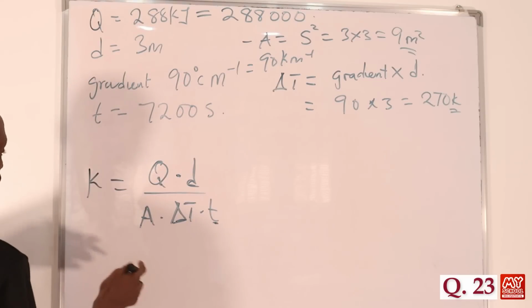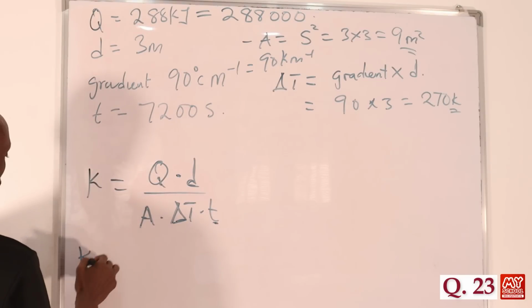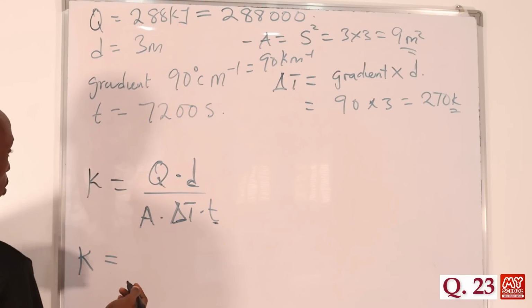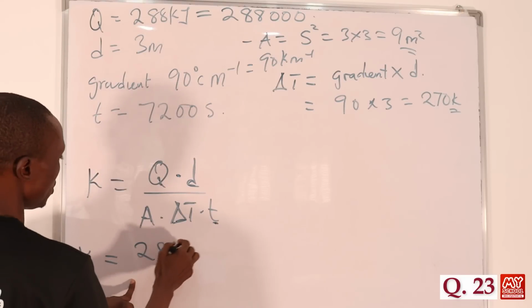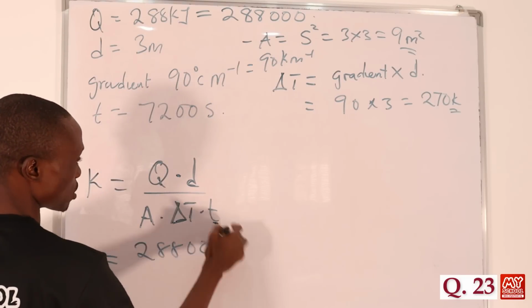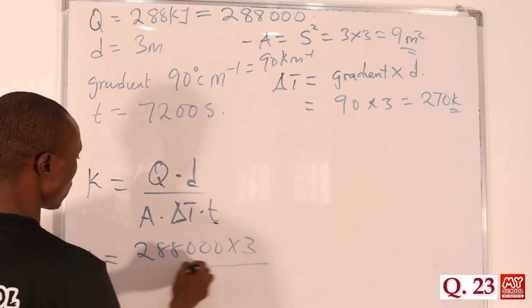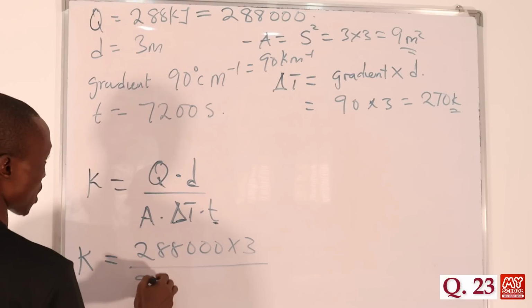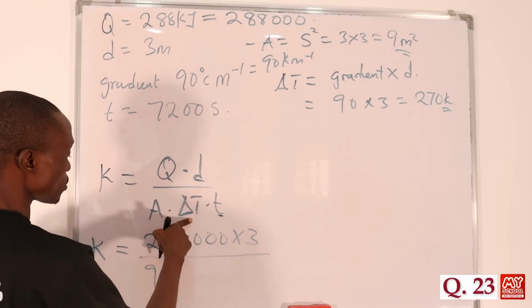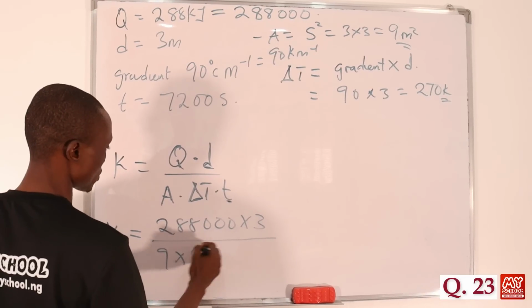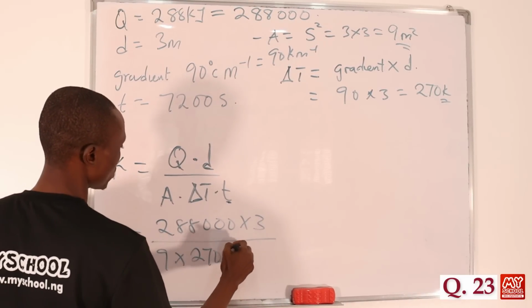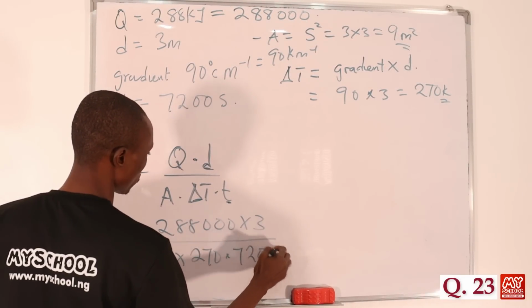So we just substitute our values so that K, which is the thermal conductivity, becomes 288,000 times the thickness, which is 3, divided by the area, which is 9, times the change in temperature, which is 270, then times the time, which is 7,200.